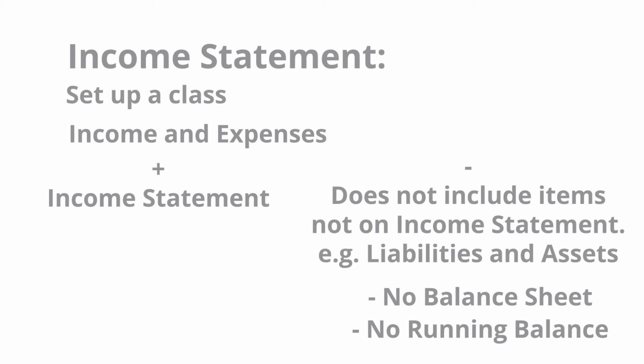And now you have to factor in whether any non-income or non-expense transactions occurred, ultimately to get you down to the cash balance, which you might already have set up as a workaround as a sub-account. So again, that's the income statement. Using classes, it can get you to income and expenses, but not an actual true fund accounting balance.